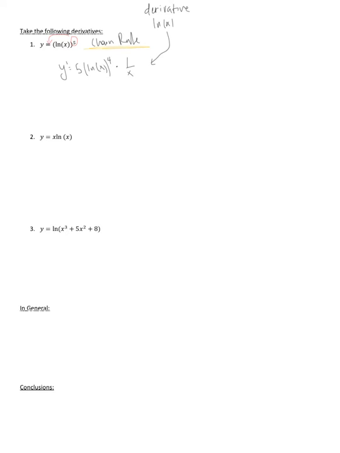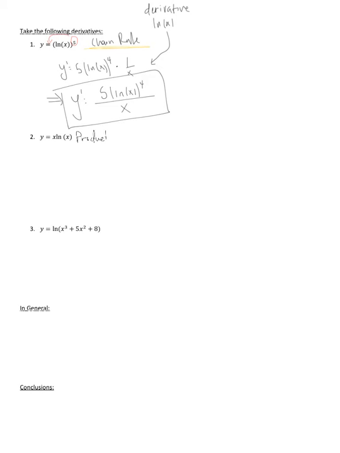And so we end up with a final answer. Just to clean it up a little bit, y prime is 5 times the natural log of x to the 4th divided by x.